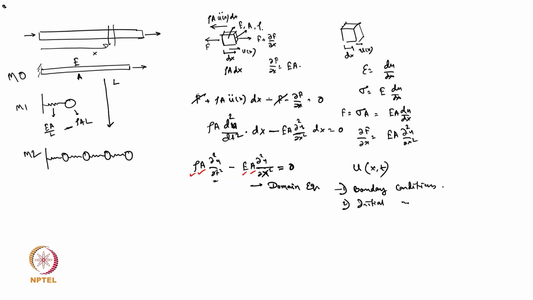And additionally, another very important point. Here you can expect the solution of u in terms of x and t both, because you see, that is a function of x and t. That is not only a function of t. In the previous case, if you try to recall, everything was only a function of time, not a function of x.